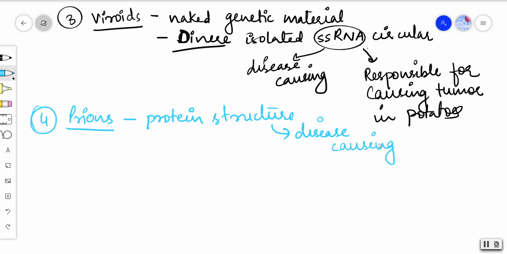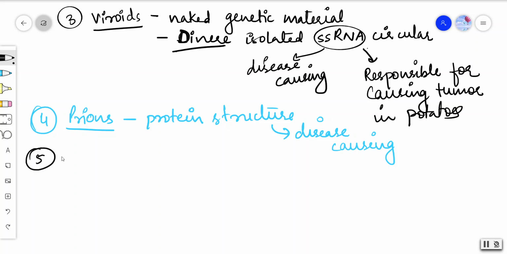Virus is what? It's a combination of protein and genetic material, but does not have a cellular organization. Viroids are what? They are naked genetic material, meaning the genetic material is infectious, or say disease causing. Prions are the protein structures that are disease causing. Okay, clear? I hope up to here is clear.